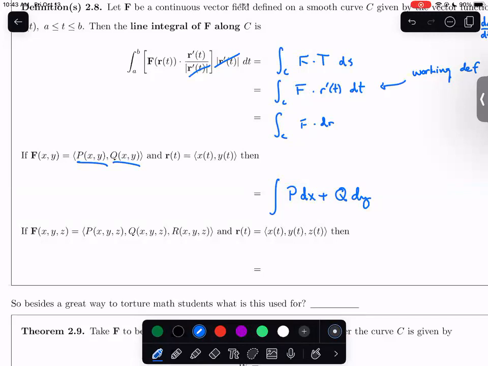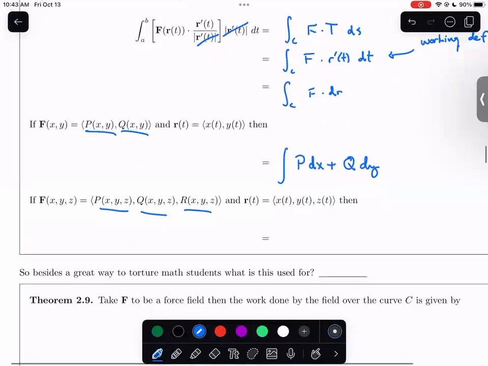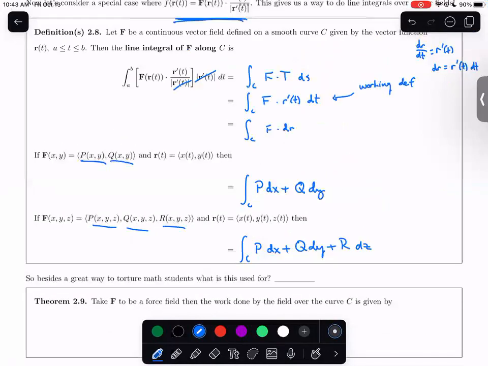And if you had three components, so an x, a y, and a z, you could do a line integral P dx plus Q dy plus R dz. So these are the 5 different ways that you can really write out line integrals over vector fields. But again, I pretty much change them all into the F dot r prime of t dt.